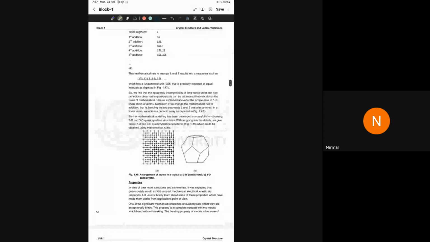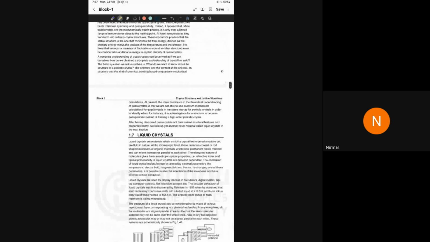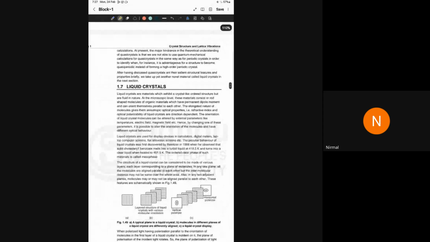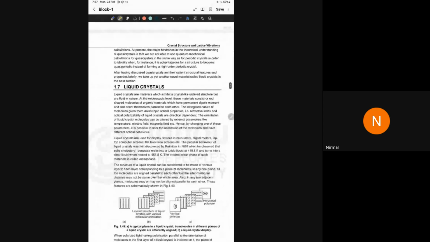Here, in a crystal we have infinite repetition. Whereas in a liquid crystal, this is an oxymoron type of concept. Liquid crystals are materials with a crystal-like ordered structure, but fluid in nature. Their ordering is there, repetition is there, but it is more like a fluid.